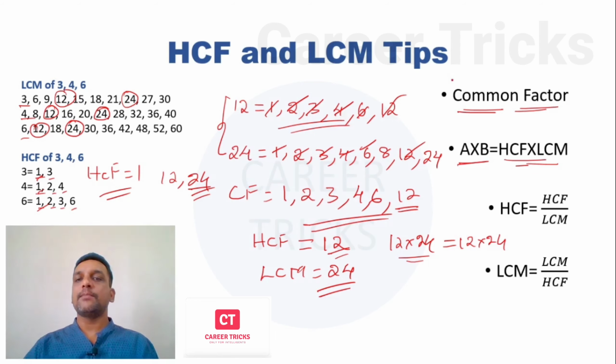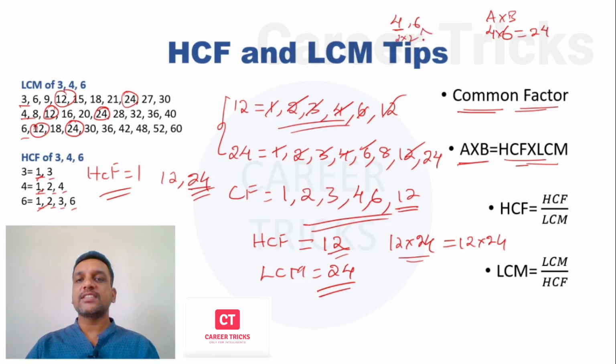We can take one example now. Here I am taking the example as 4, 6. I want to multiply these two numbers. What will I get after multiplying? A into B, AB, multiplying these numbers, I get 24. Now I will calculate the HCF. The factors of 4 are 2 into 2.